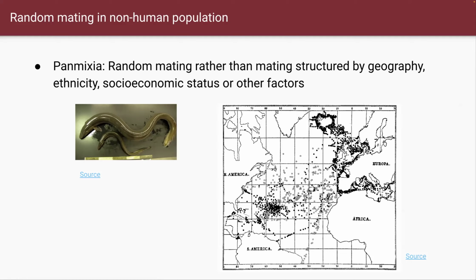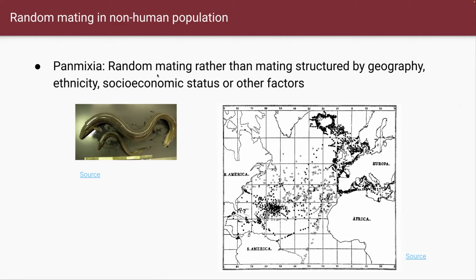But we can also think about the opposite examples, right? The random mating organisms. One example is the eel, the fish. The eel has random mating. They don't have associative mating or non-random mating. They mate randomly, and in this case we call it panmixia. We can also think about panmixia examples in a natural population.